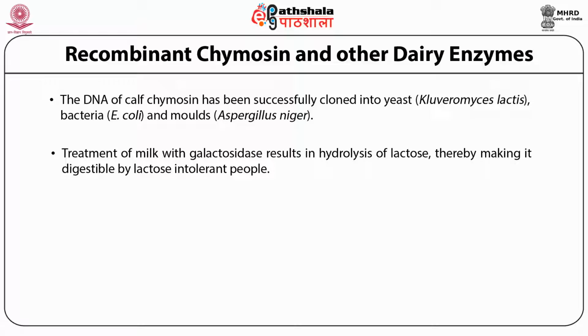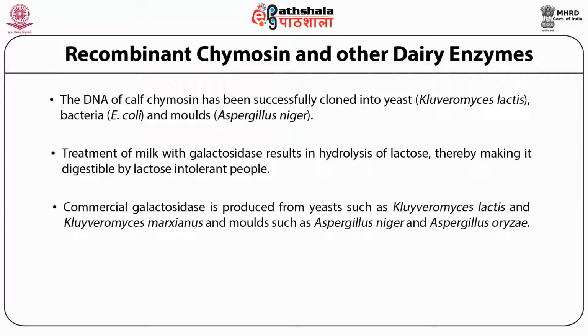Alternatively, there are biotechnological tools by which we can produce the enzyme beta galactosidase from certain microbial cultures like yeasts, for example Kluyveromyces lactis and Kluyveromyces marxianus, and molds such as Aspergillus niger and Aspergillus oryzae.